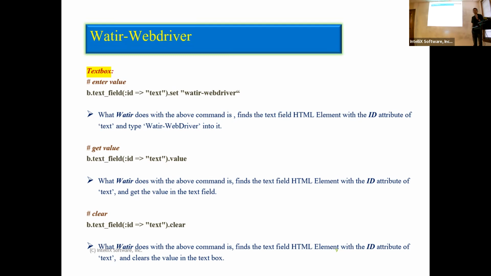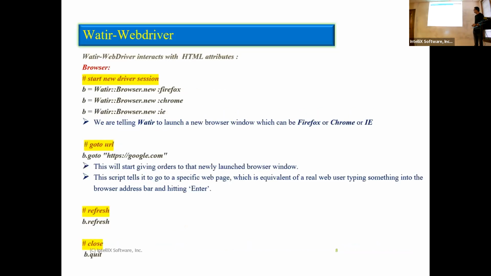Now, as I said, you need to specify how you are going to find a specific element, right? That's where I'm specifying the ID here. So I'm going to find that text box by supplying the ID equals something that is available for the text box.